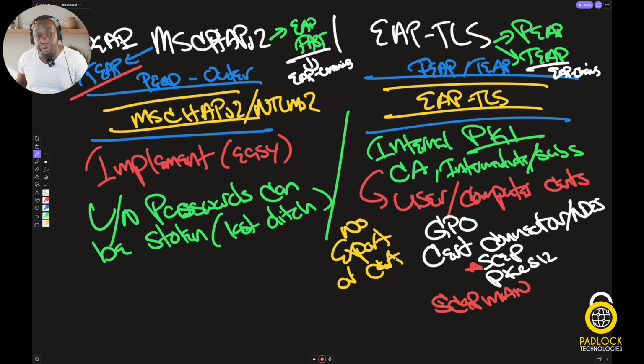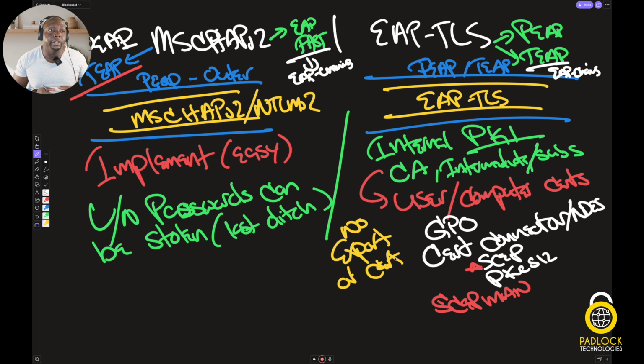You know that that's that machine. Why? Because if I can't export that certificate with the private key onto another machine, then I know for a fact when I authenticate with this machine, and we're talking about computer certs, with this cert, I know that that is that machine.